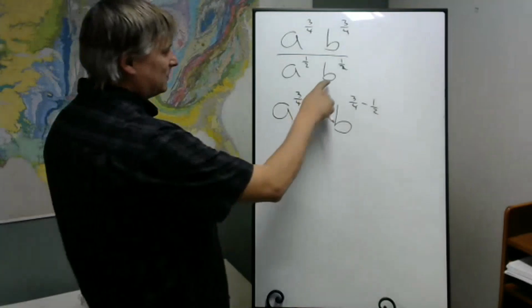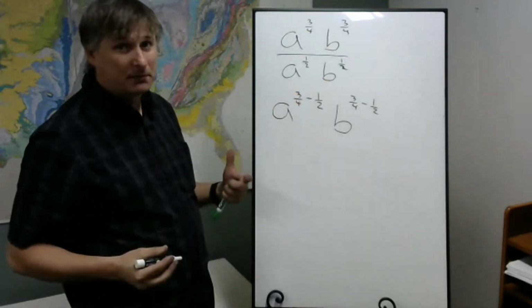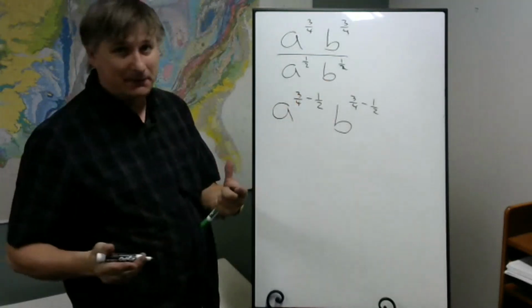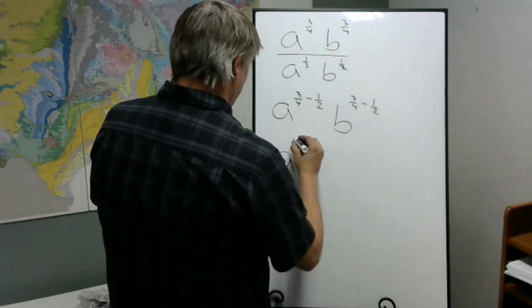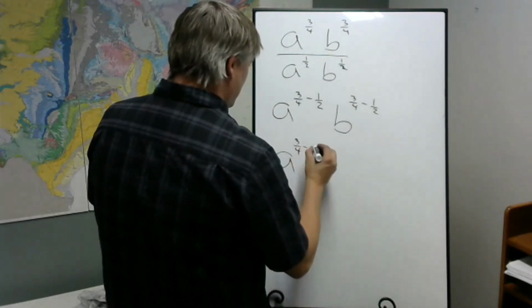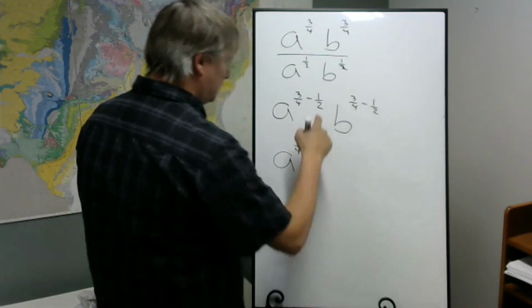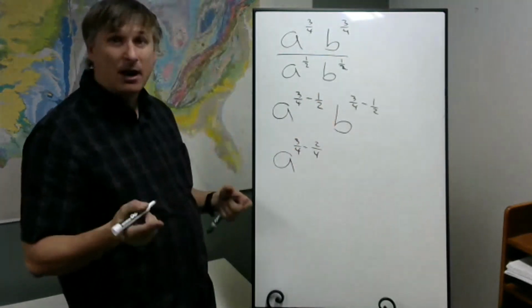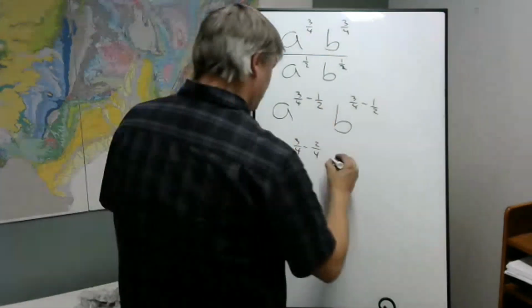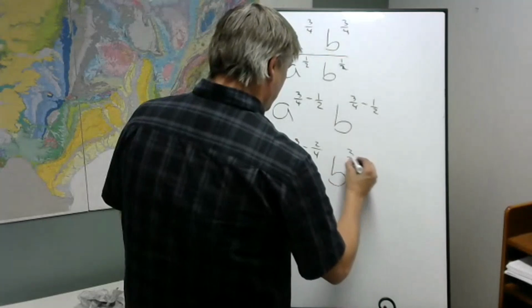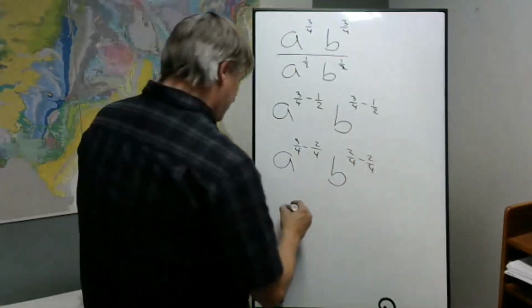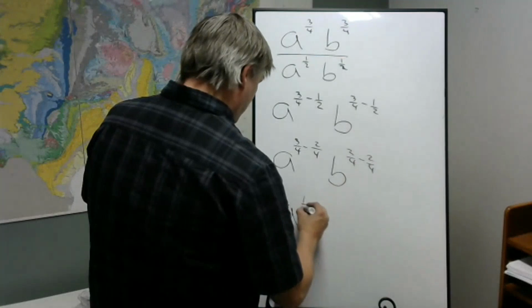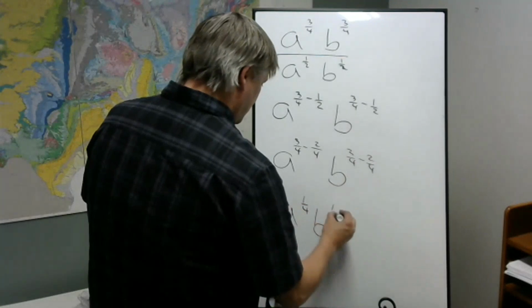And for this one, we would have to assume A and B are greater than 0, so we don't get division by 0. So this will be A to the 3/4 minus 2/4. Multiply top and bottom by 2, get the common denominator. B to the 3/4, again, 2/4. So what we get is A to the 1/4, B to the 1/4.